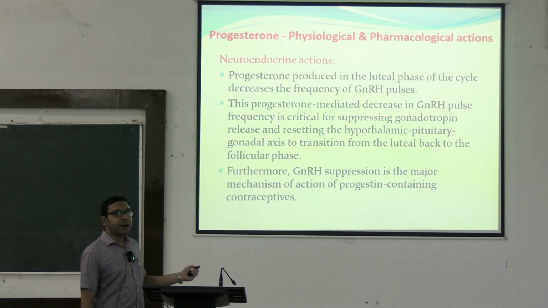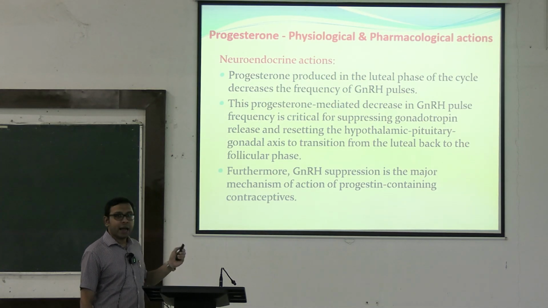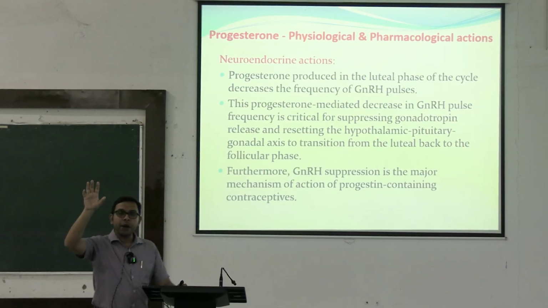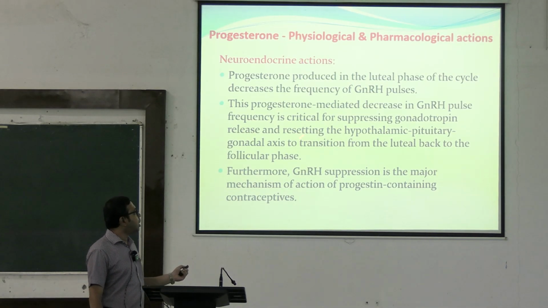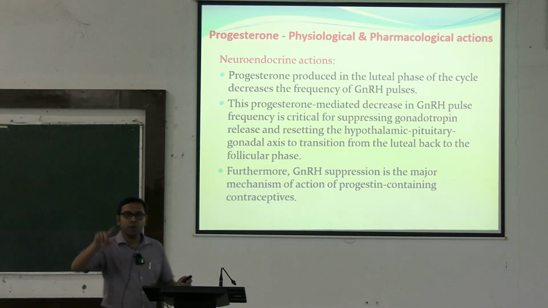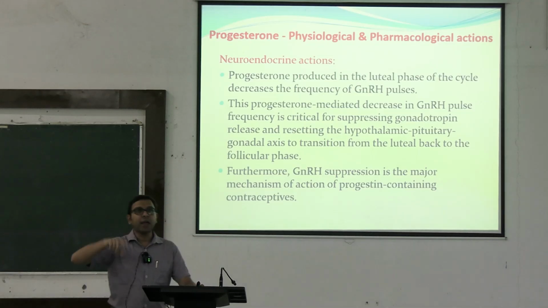This progesterone-mediated decrease in GnRH pulse frequency is basically critical for suppressing gonadotropin release, because this causes a negative feedback effect. Gonadotropin-releasing hormone is less released, so gonadotropin from the pituitary is also less released. So ultimately there will be a resetting of the hypothalamic-pituitary-gonadal axis to transition from the luteal back to the follicular phase. That is ultimately a cycle. So the menstrual cycle is continued.